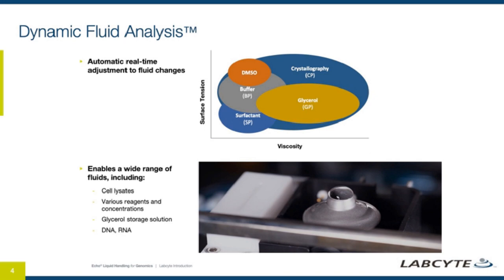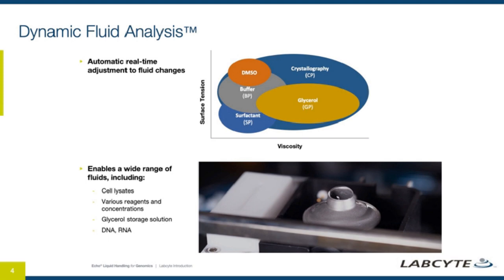Here's a quick slide to go through the technology behind the Echo. At the bottom, you'll see a transducer focus assembly, and this is where the transducer will come up and use coupling fluid to make contact with your source plate.